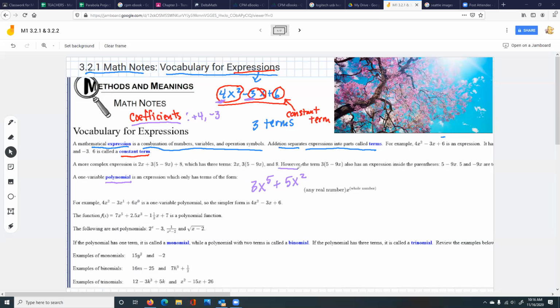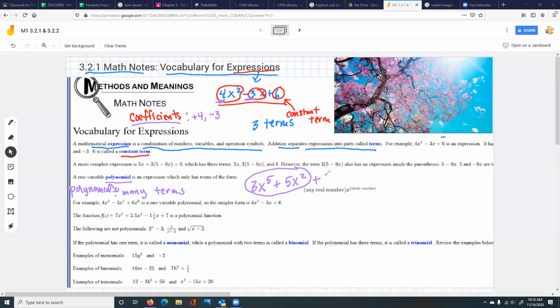This is a polynomial. Poly means many, so it has many terms. Please write down polynomial: an expression that has many terms, and many could be 2, 3, 4, 5. We could keep adding on to this.